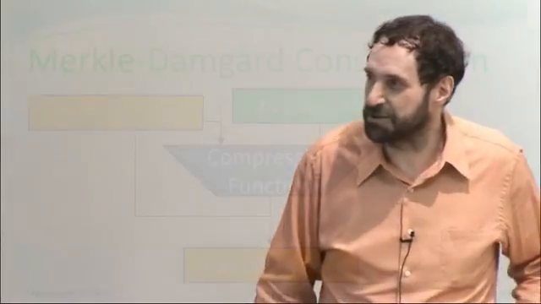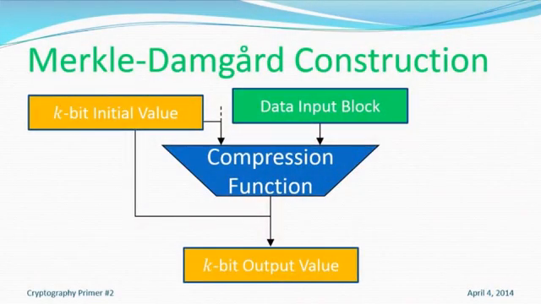OK, so these hash functions have lots of uses. Let's talk about how they're built. So the most common way, just like we had this Feistel cipher design for block ciphers, the most common way of building a hash function is called the Merkle-Damgård construction.